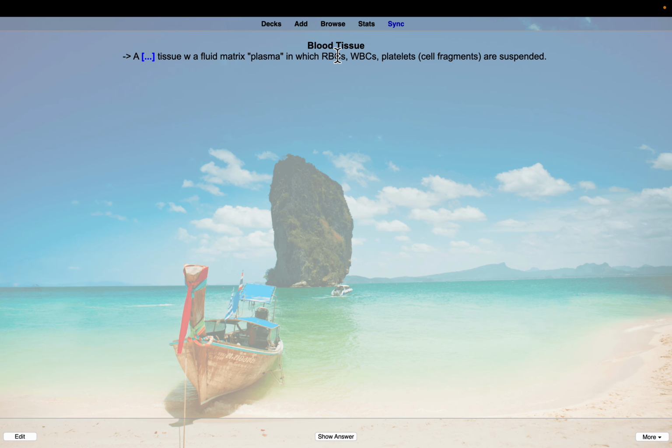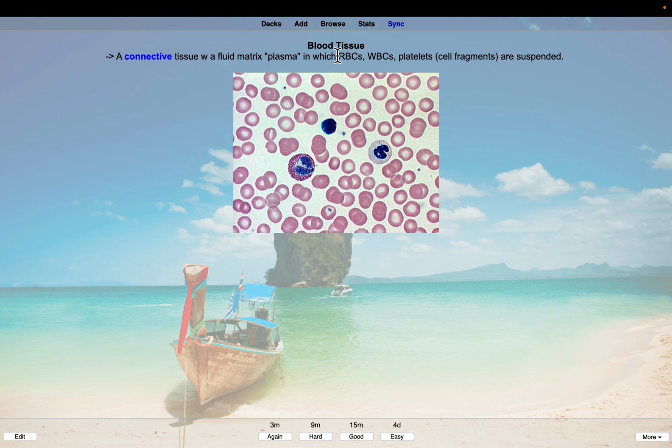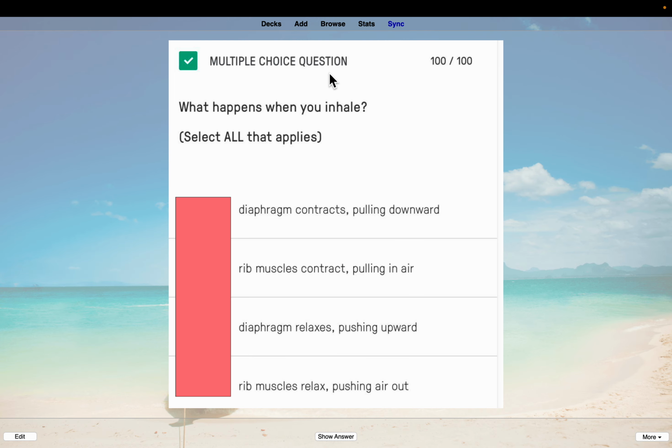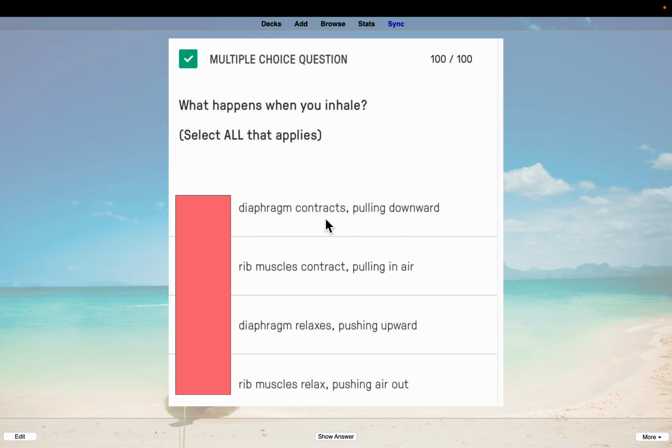Blood tissue, a connective tissue. An animal that lacks a coelom or body cavity, a coelomate. What happens when you inhale? I think statement 1 is true. No, rib muscles contract.